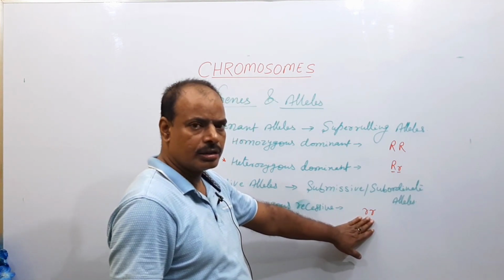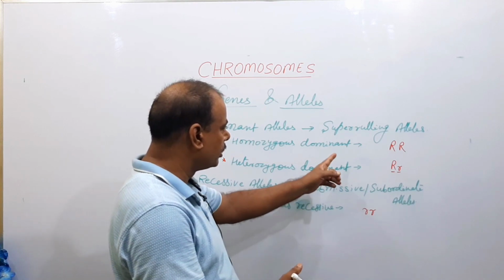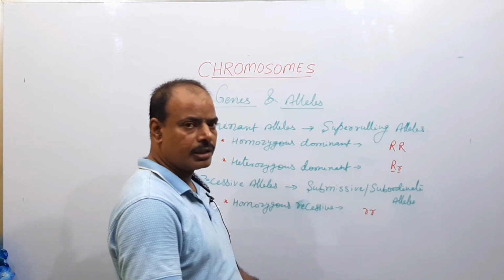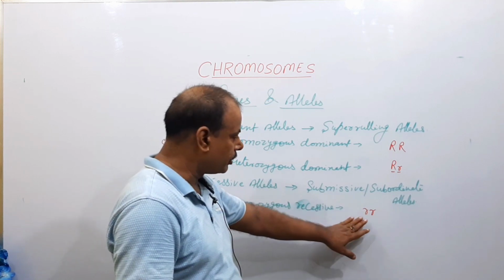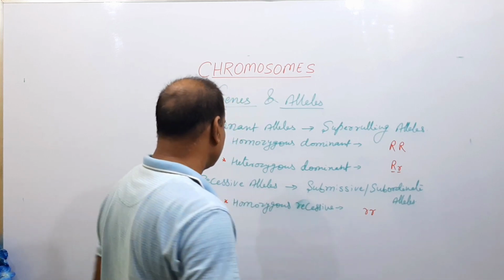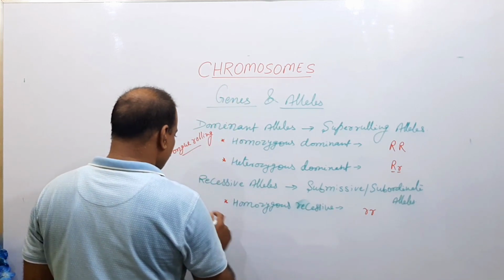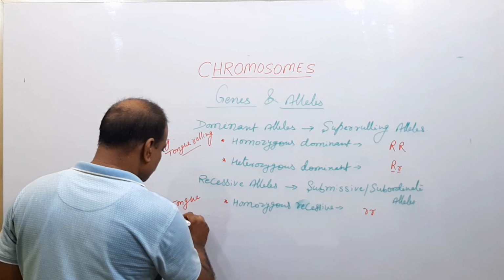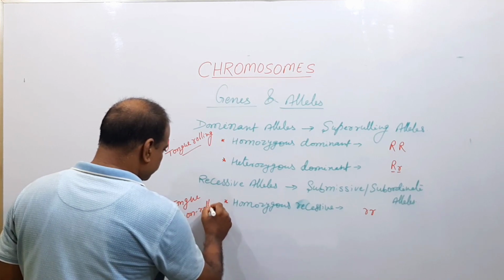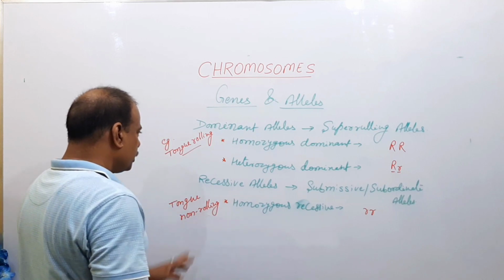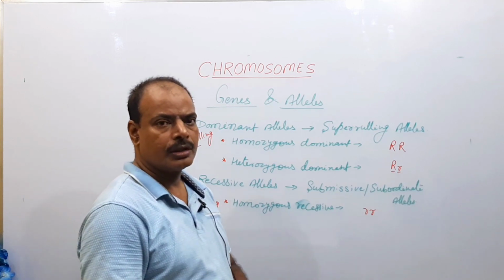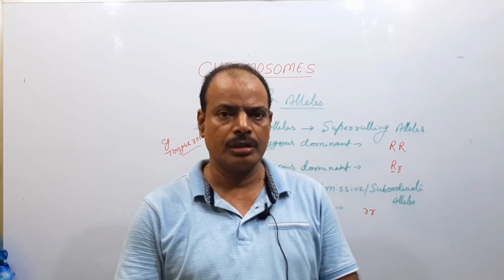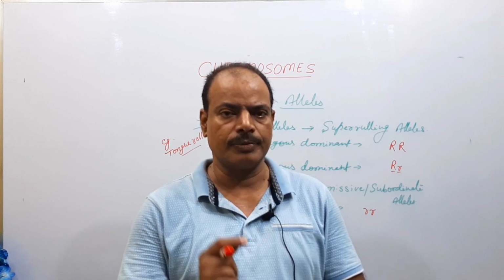So it can't express the rolling condition, but it is homozygous recessive condition, and it expresses only the non-rolling condition. So here tongue rolling and here tongue non-rolling. Tongue rolling is a genetic inheritance in which a person makes the tongue U-shaped.